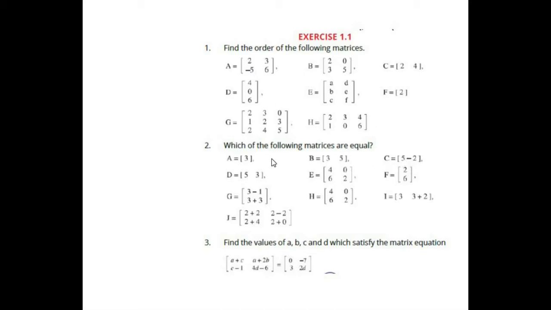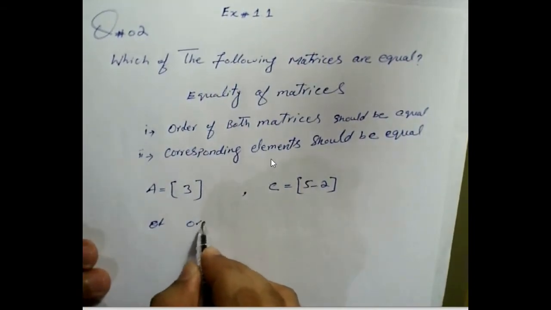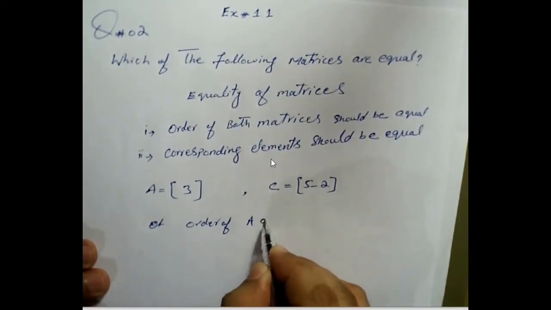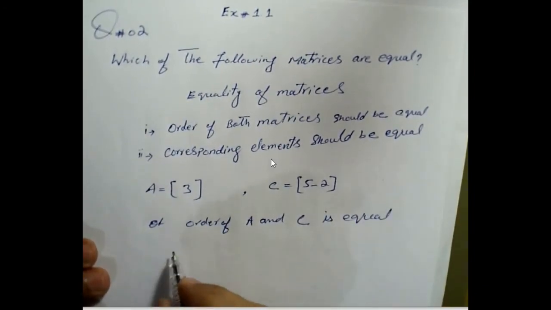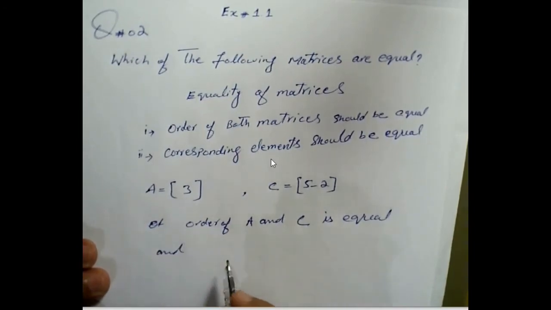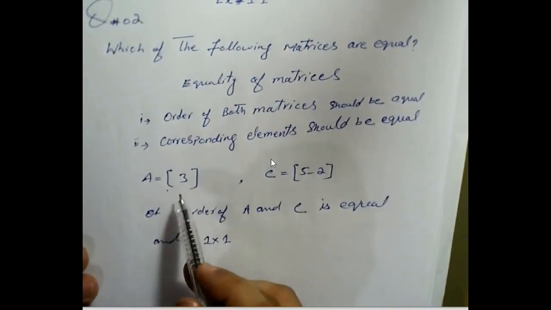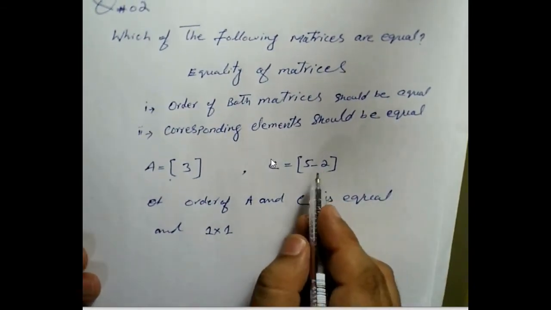So that is why the order of A and C is equal, 1 by 1. That is, each of the matrices has one by one order. Now we have to check the corresponding elements.